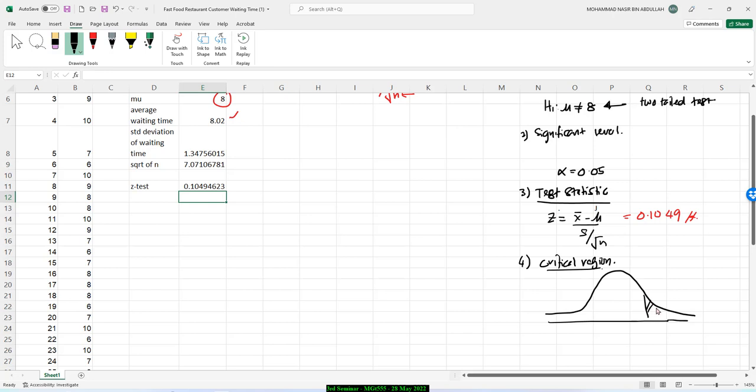This is the region. So we know this is a rejection area, and this is also a rejection area.